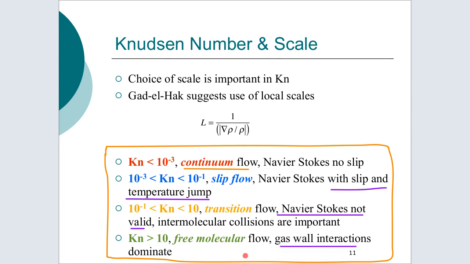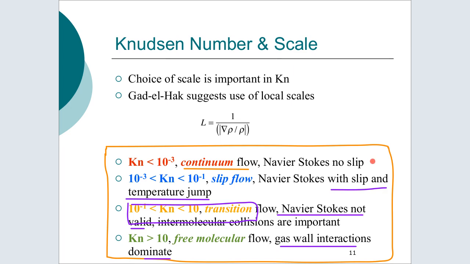So the gas wall interactions dominate. Here in this regime, we're in what's called transition, but it's intermolecular collisions. So the chances are a molecule will hit another molecule, and those collisions are what's dominating the fluid flow, the fluid behavior.